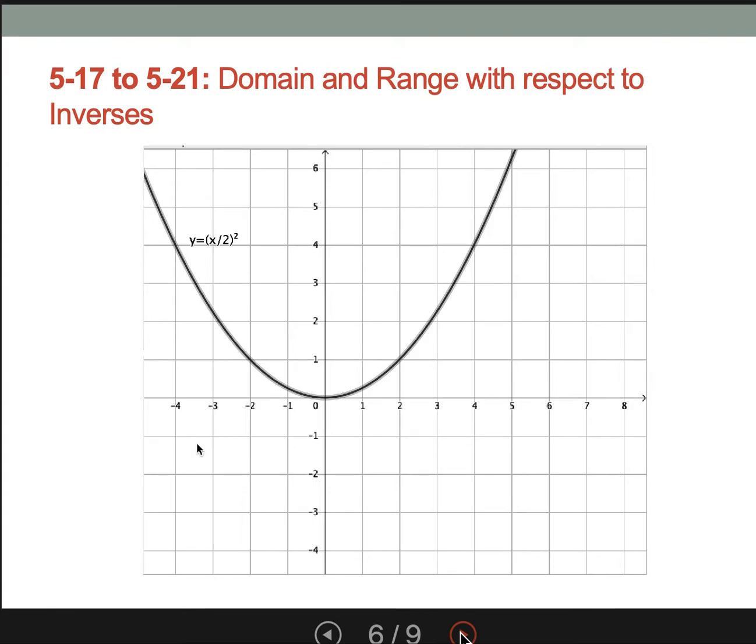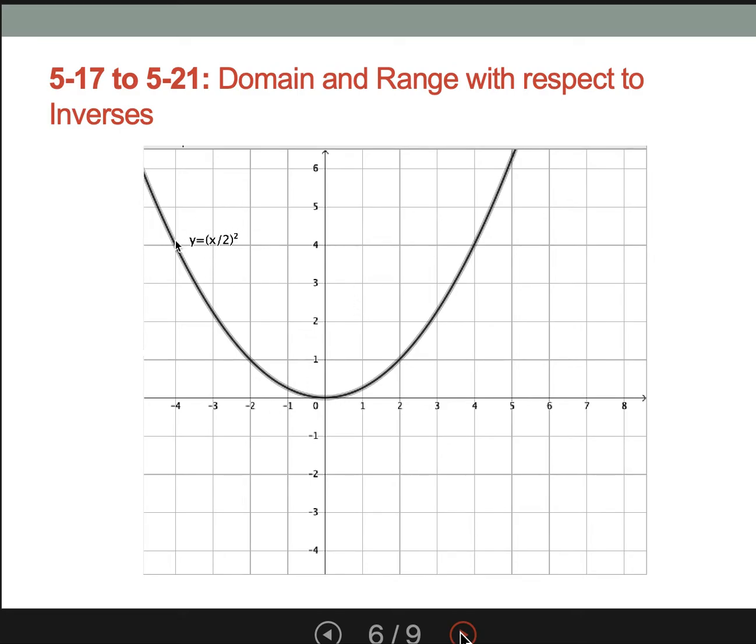So if you have an original function, its inverse is a reflection over the line y equals x. We're going to get into why it was a weird function, and that has to do with the domain and range of the original function and its inverse function.